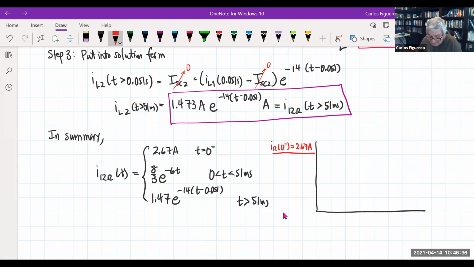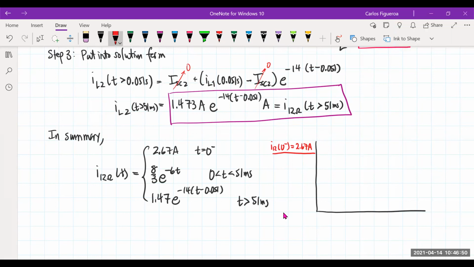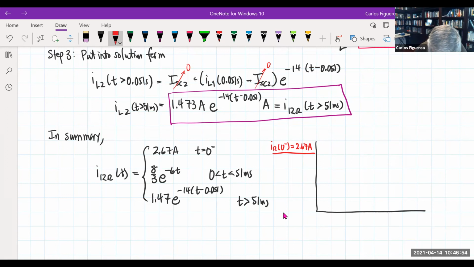So as this guy decays, there's a tiny difference, right? 8/3 is 2.67? I would think that the answer is yes. Yeah, it is. So that means this is not discontinuous right here. This is continuous. So the circuit is forcing that resistor current to be continuous.